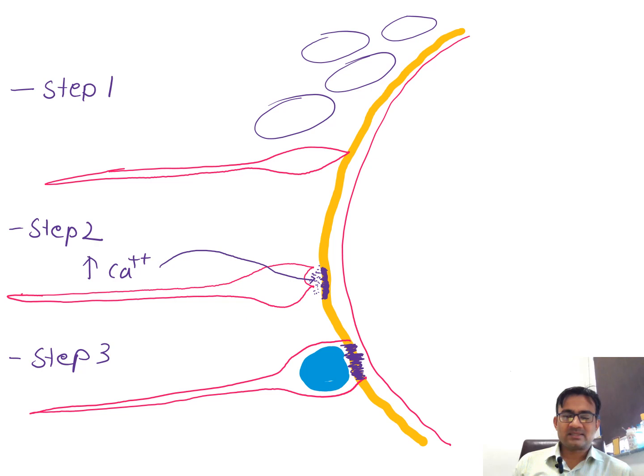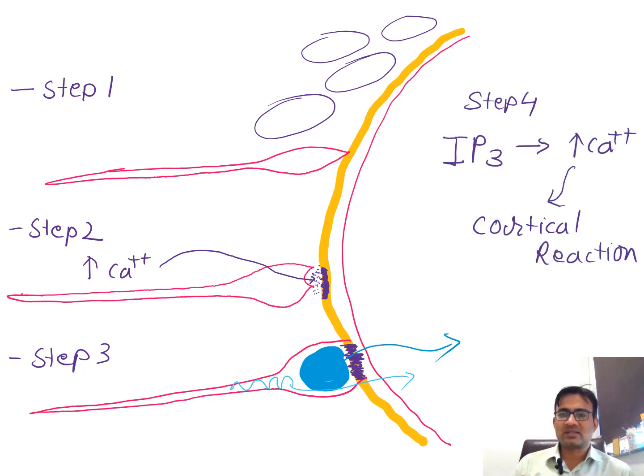After this, whatever contents are inside will be released inside the ovum, and ultimately the zygote is going to form. So this was step 3, where one sperm has fused and its contents have entered. Now in the next step, what is going to occur?